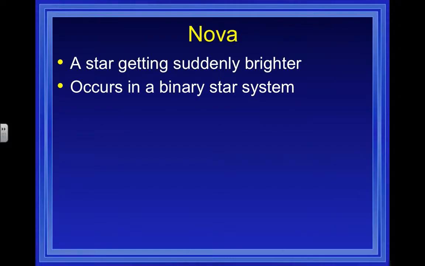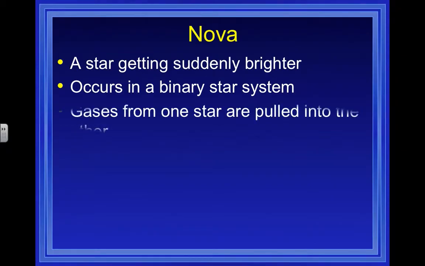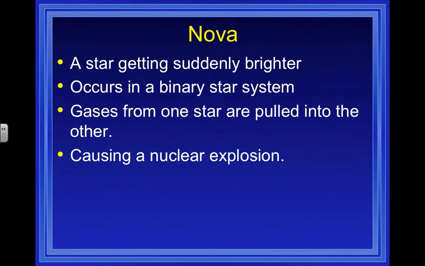This usually occurs in a binary star system. Gases from one star are pulled into the other. This kind of reminds me of that Algol that we saw a little bit earlier. We saw the tail of that one star, the gases that were coming out of it, swallowed up by the other. And sometimes this causes a nuclear explosion.